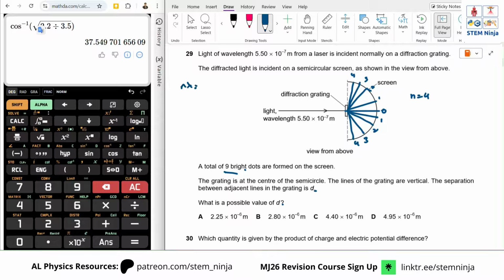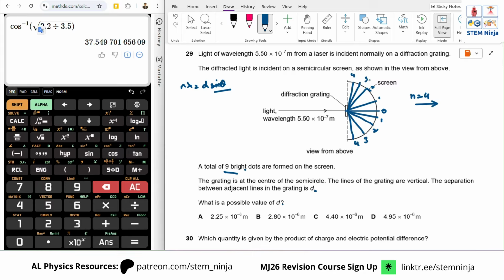So n lambda is equal to d sine theta. At sine 90 it would be 4 point something, but rounded to an integer it would be 4.